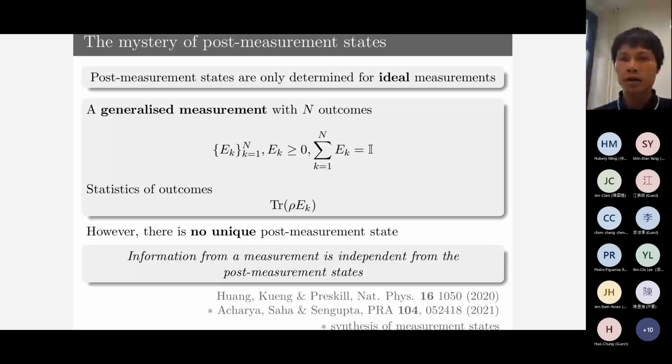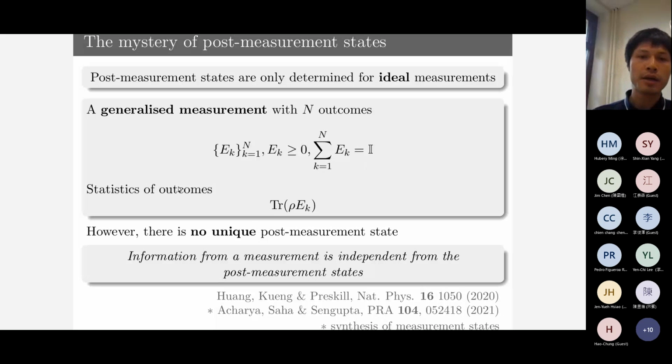Ideal measurements are a rather special case in quantum physics. The most general model of measurement is called generalized measurement, or more technically, POVM, positive operator valued measure. A generalized measurement of n outcomes would be described by n operators E_k, each of them positive and summing up to identity.